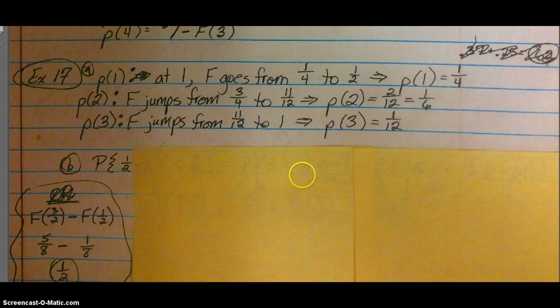In other words, the only places we're gaining probability is at discrete locations. Whereas here, we're constantly gaining, and then we still do have some discrete jumps. So how do we know how much we're actually jumping at these points, at x equals 1, x equals 2, and x equals 3? Well, we look at what it is from the left-hand side.